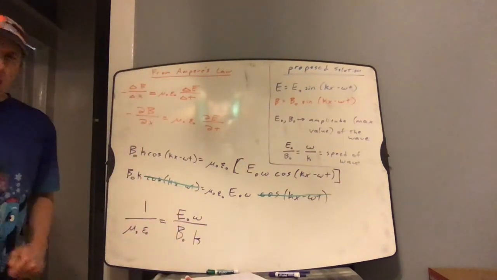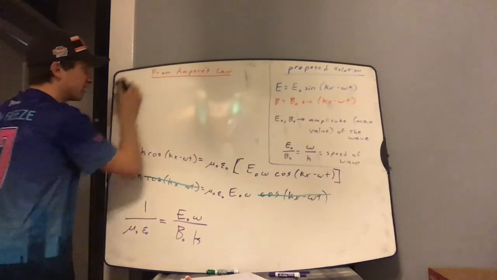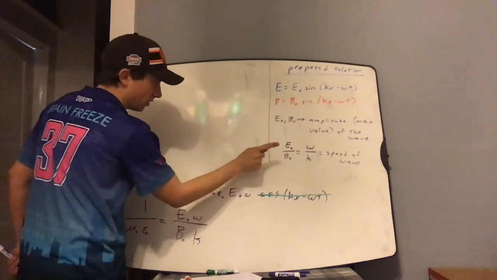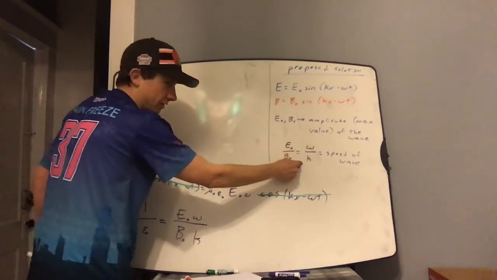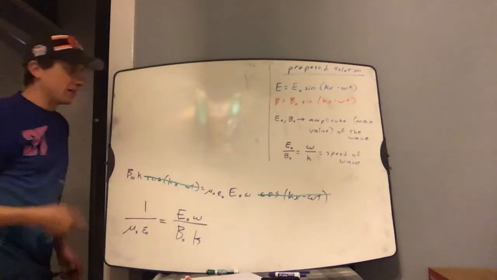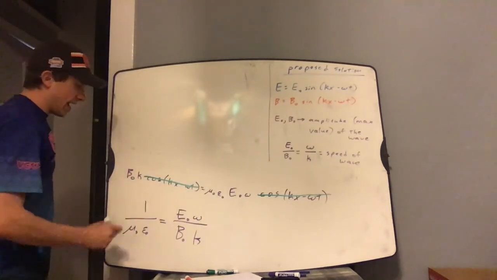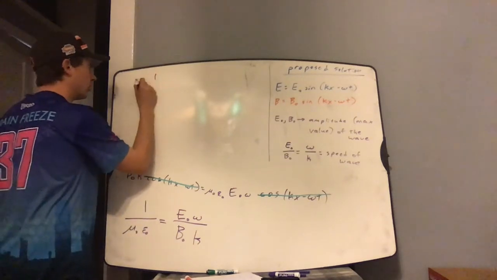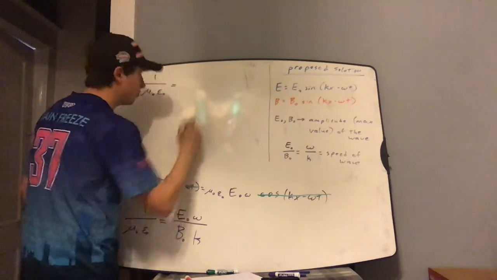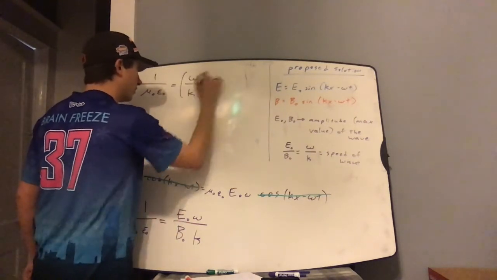Okay, why was I inspired to write it in this manner? The reason for that is, if I look over here, the speed of the wave is omega over k, and we said that the speed of the wave is also given as E naught over B naught. So really, I could write this as 1 over mu naught epsilon naught is equal to omega over k squared.